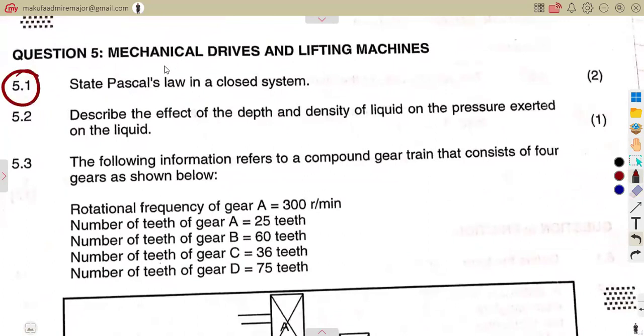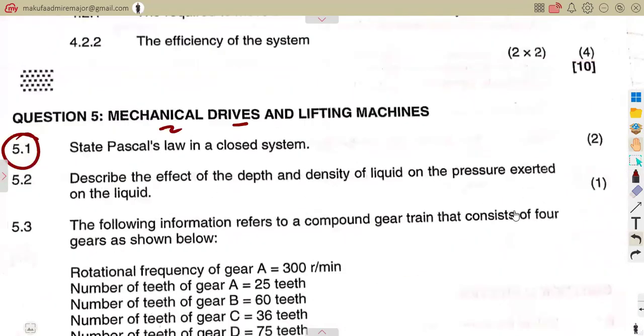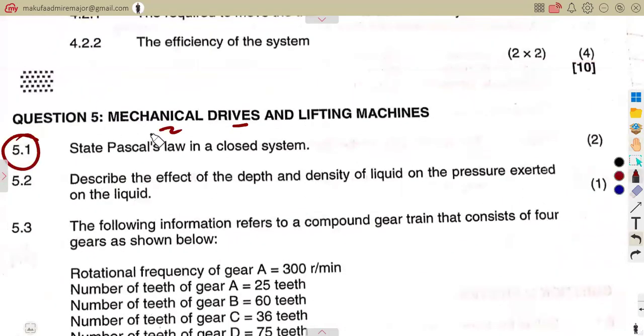On question number 5, mechanical drives and lifting machines: state Pascal's law in a closed system. What is it that you consider on your Pascal's law? Remember, when pressure is exerted on the surface of an enclosed liquid, the pressure is transmitted equally in magnitude throughout the liquid in all directions.